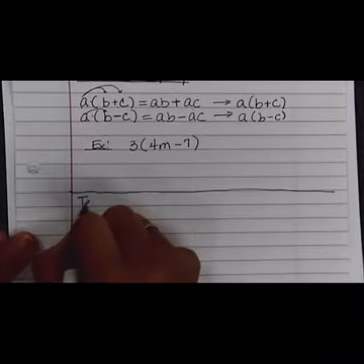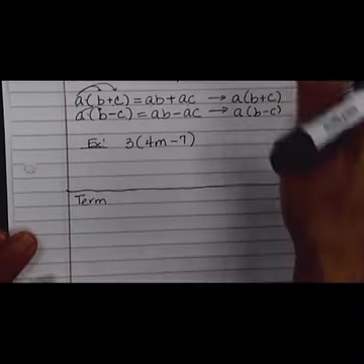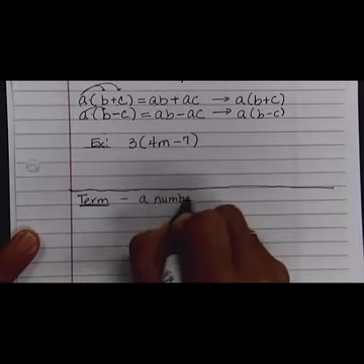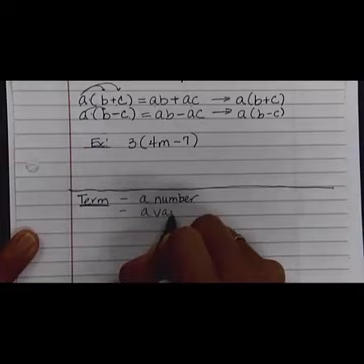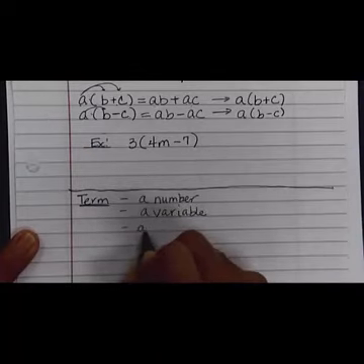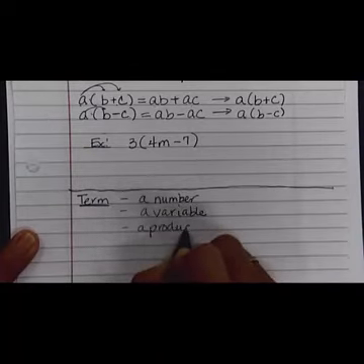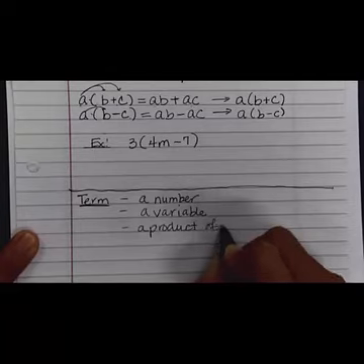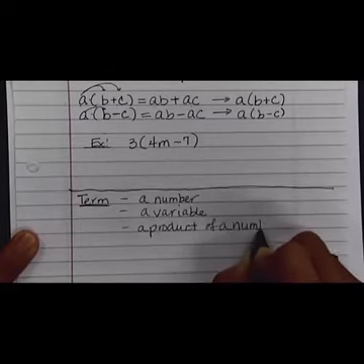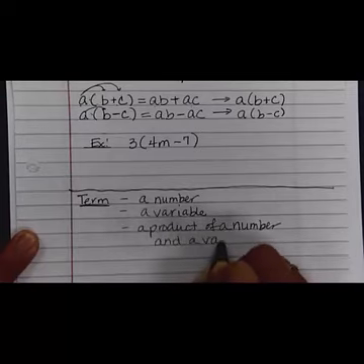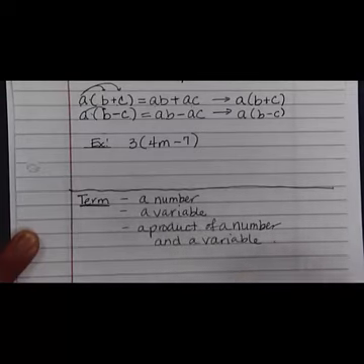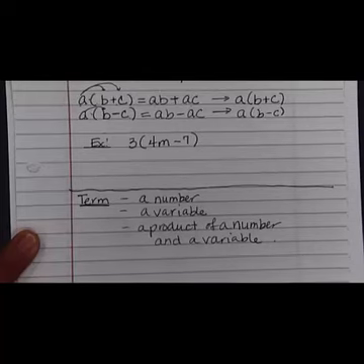Ready? I'm going to give you some vocab words. Term. A term is a number, or a variable, or a product. What does the word product mean again? Multiply. So a product of a number and a variable. Those are all terms, okay?